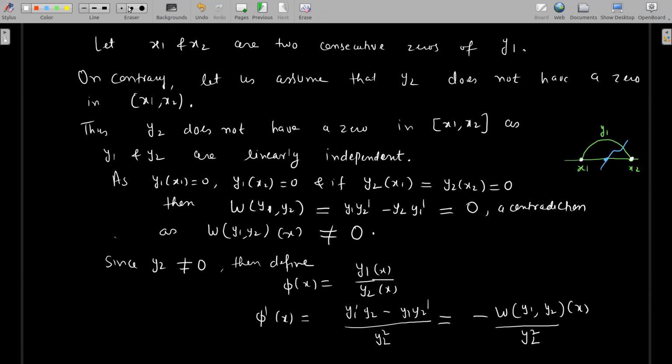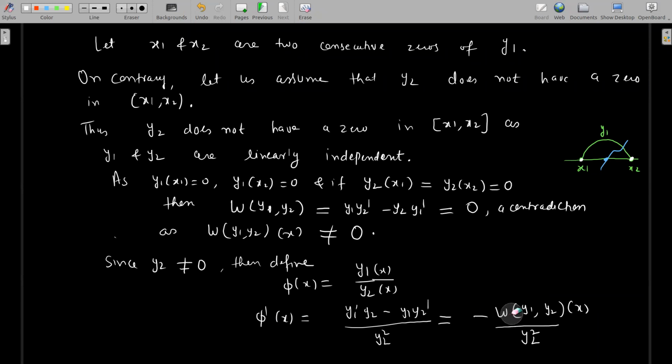Now y1 and y2 they are solutions. This function is well defined. So phi is a continuous function on this interval x1 x2 and its derivative also exists.